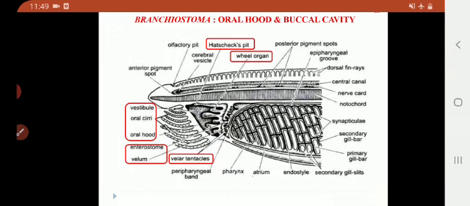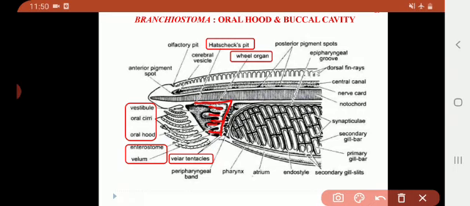Okay, so in this part you can see the velum. You can see the tentacular structures, and together they form the wheel organ. The velum encloses a small opening which is referred to as the enterostome. The water plus the food enters the pharynx through the enterostome.